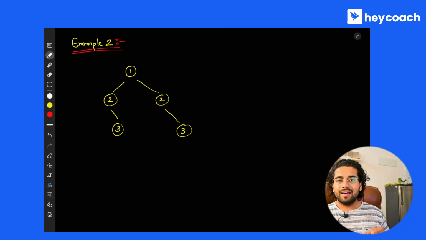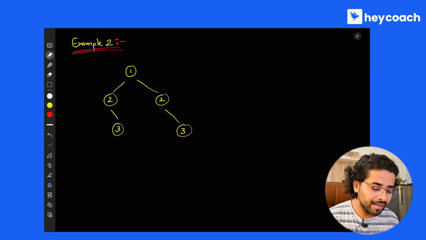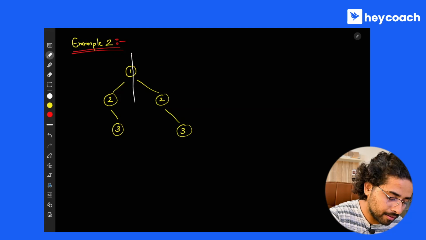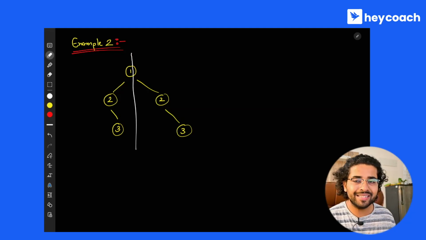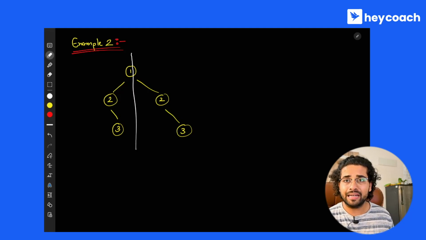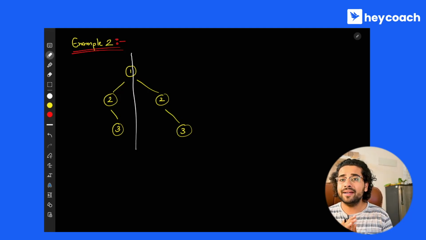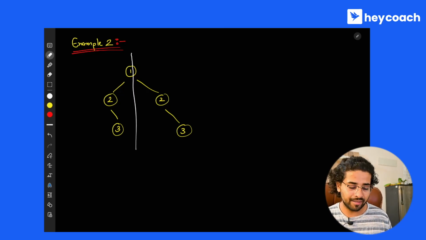Let me show you the second example. So this is the tree. If I draw a center line from the root, by seeing this binary tree we can say that this is a symmetric tree, but actually this is not. Let me show you why this is not a symmetric tree.